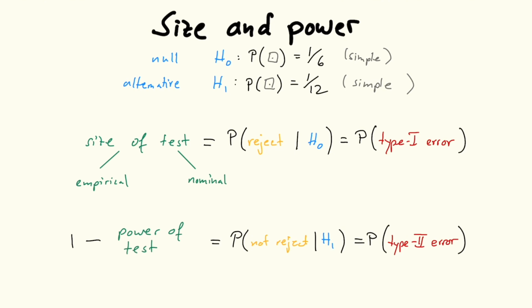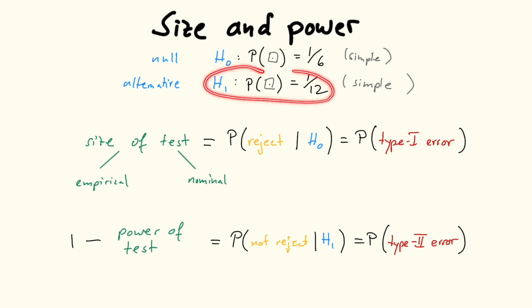This discussion here gives you a very good idea of what people mean when they talk about the size of a test or the power of the test. The exact definitions here would get a little bit more complicated if we were to consider a more general setting with compound hypotheses. Why is that? Well, suppose that we have a compound alternative.